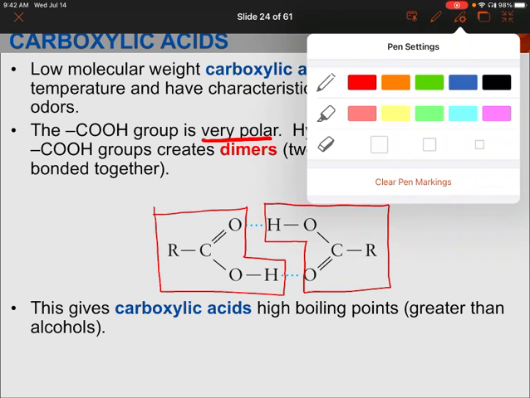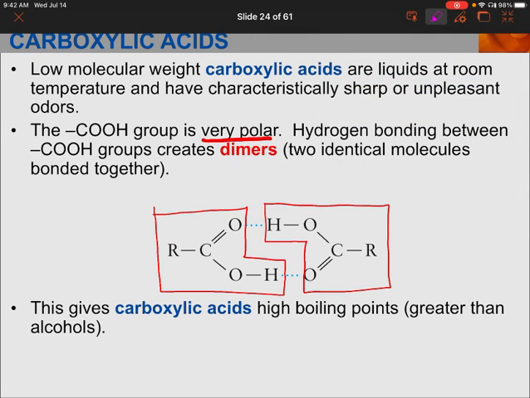Notice that we can form a hydrogen bond between the hydrogen on the OH group of one carboxylic acid and the oxygen on the carbonyl group of the second carboxylic acid. Because we have two of those, we have two hydrogen bonds.